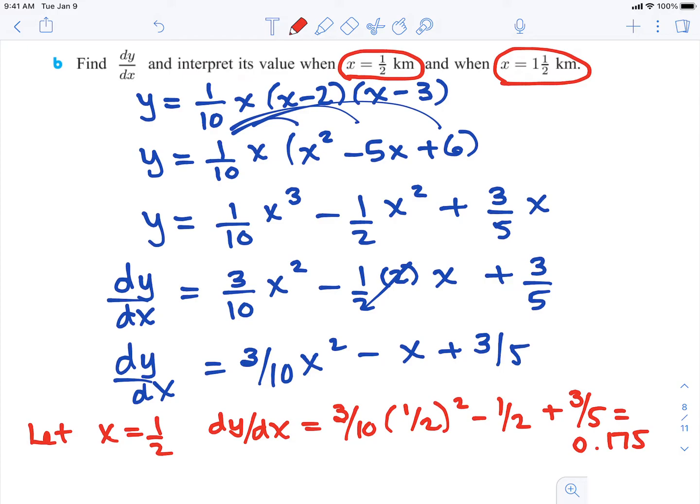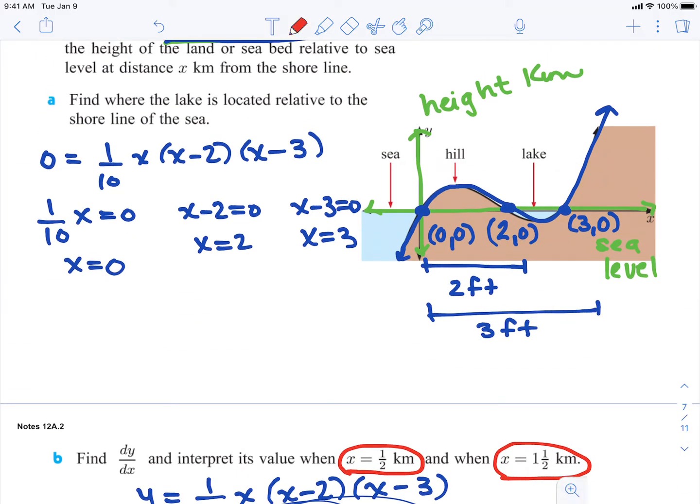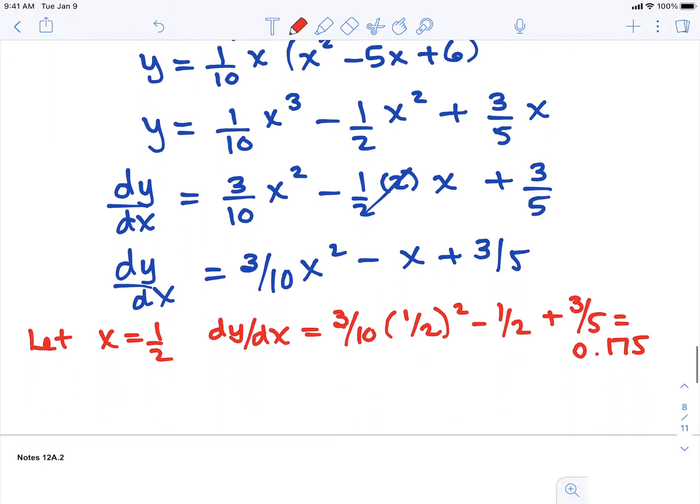That slope is positive, so the land is sloping upwards at that point. If we go over to 1/2 on the x-axis, that slope is what we just found. So that slope is 0.175 at x equals 1/2 kilometer away from the sea level.